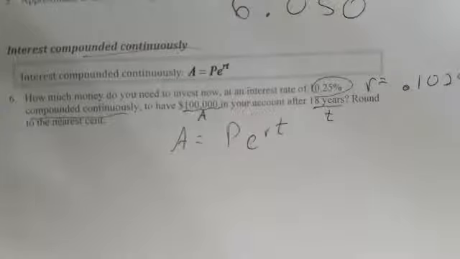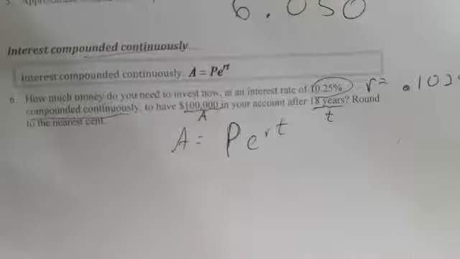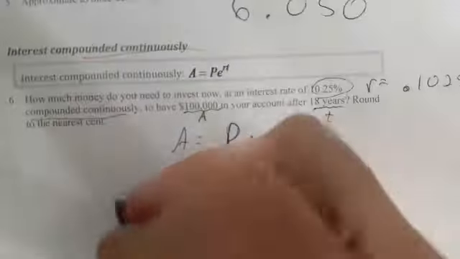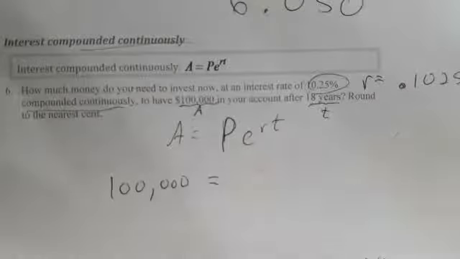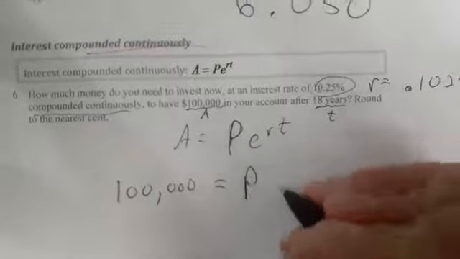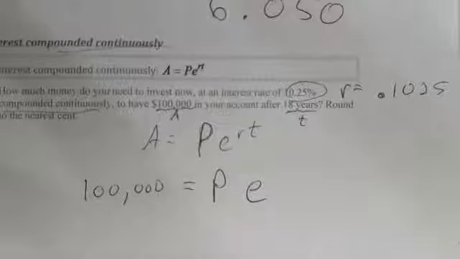And what they want us to solve for is how much I would have to have initially. How much do you need to invest now? So the initial amount, principal. This one we're going to have to do a little bit of back solving to figure out what our P is. It is 100,000 in my A. E is just a constant number there, sort of like putting pi there or something like that.